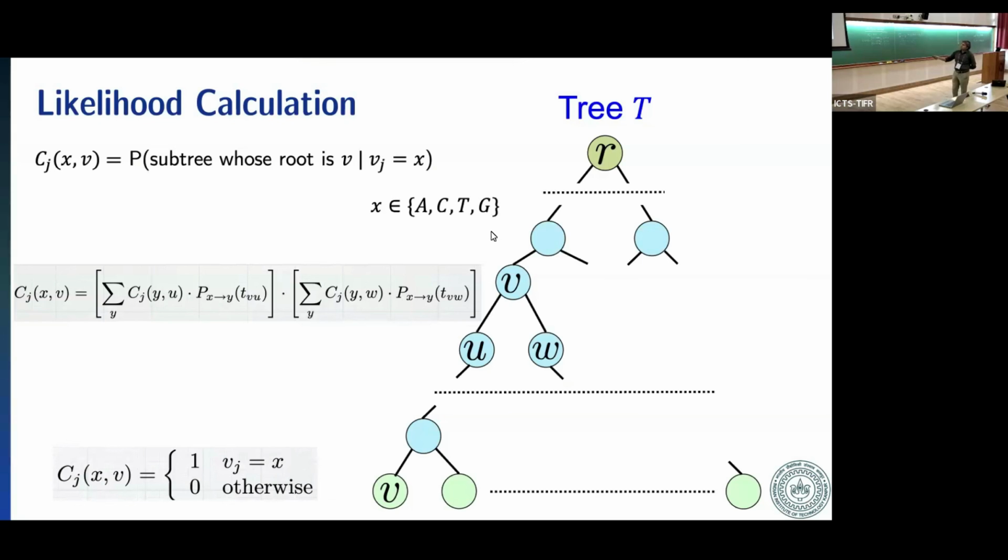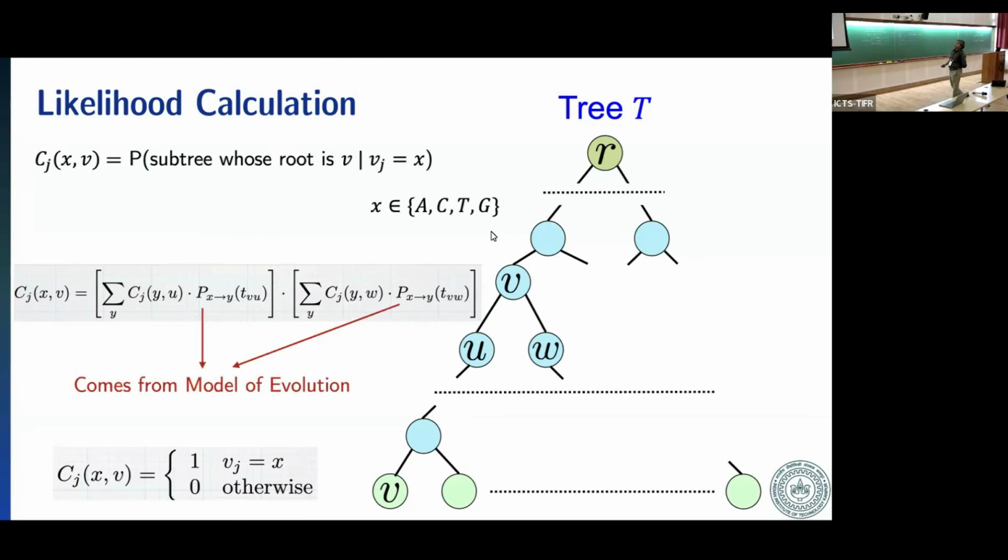Similarly, we have contributions from the other child, W. So this is how we can actually calculate the partial likelihood at the internal node V. Okay. So this is being repeated for every internal node and every possible character in X. Okay. And we move from the leaves towards the root.